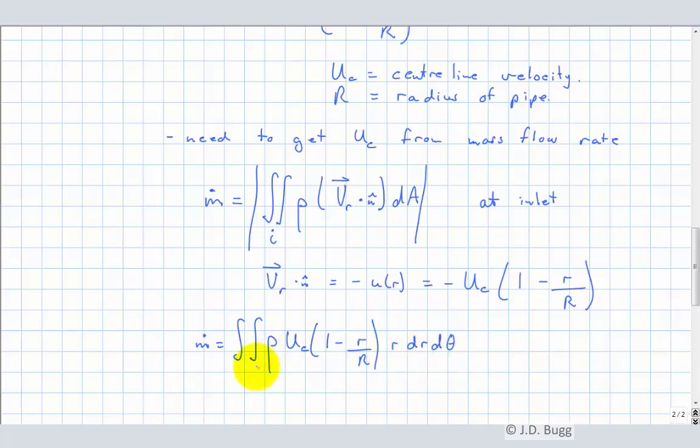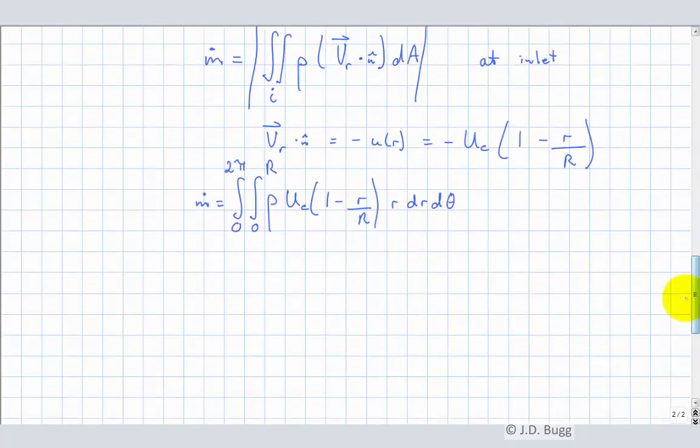Limits of integration on r are 0 to capital R. Limits of integration on theta, 0 to 2 pi. So we're covering the entire circle. And notice this negative sign I've dropped because we've taken the absolute value of this.